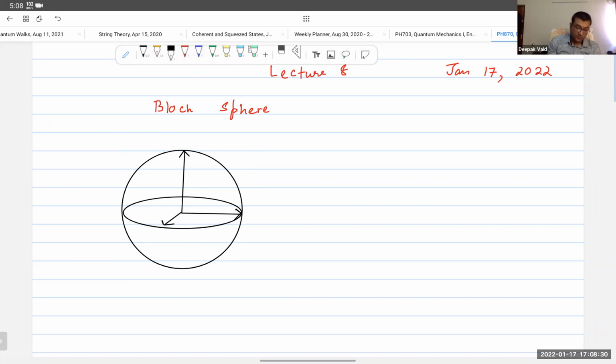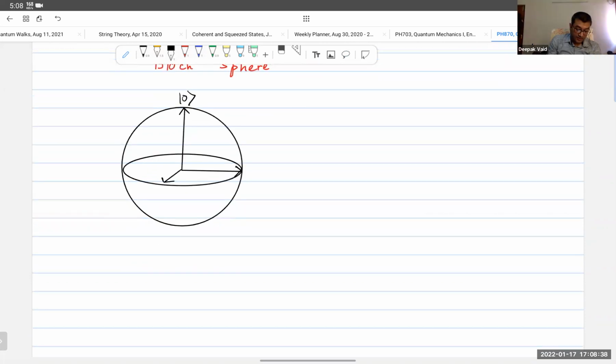Now here's the correspondence. The North Pole corresponds to the 0 state, and the South Pole corresponds to the 1 state. You might find that correspondence to be a little bit odd, but it will make sense eventually, I hope.